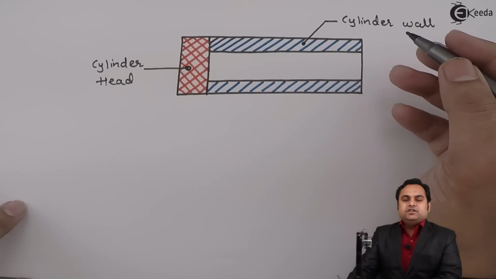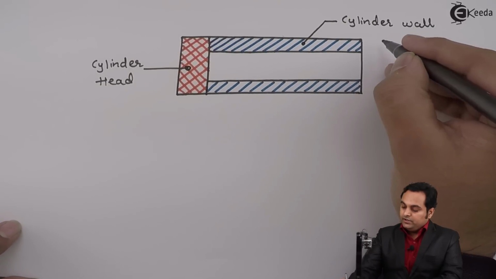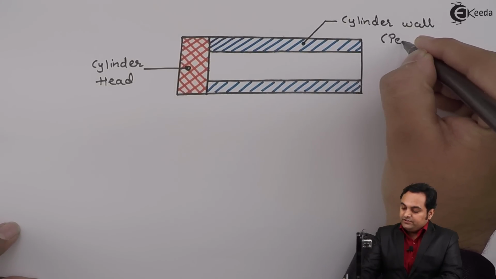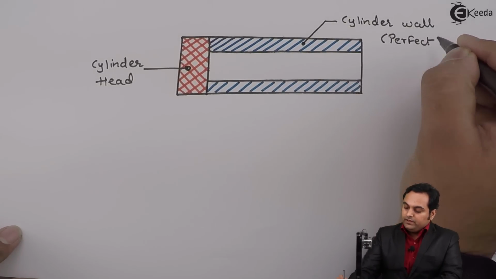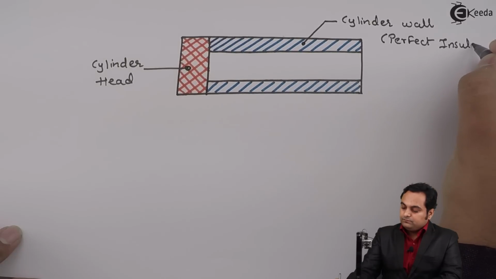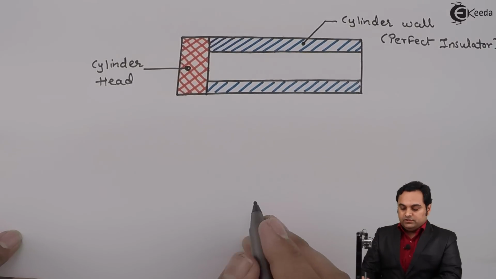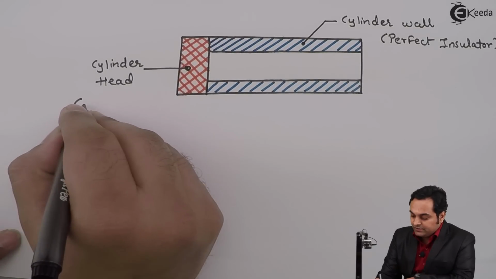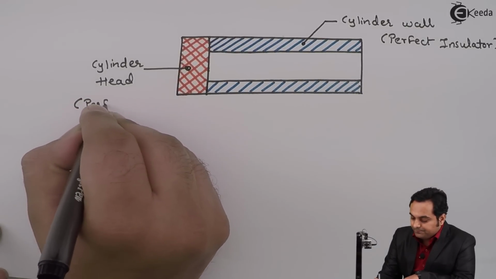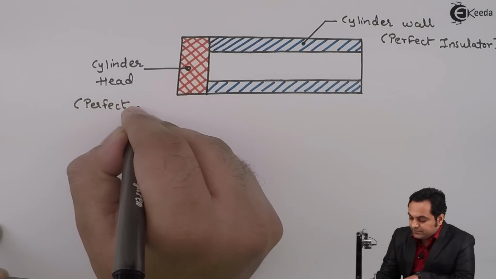The cylinder wall in the case of a Carnot engine is a perfect insulator, whereas the cylinder head is a perfect conductor.